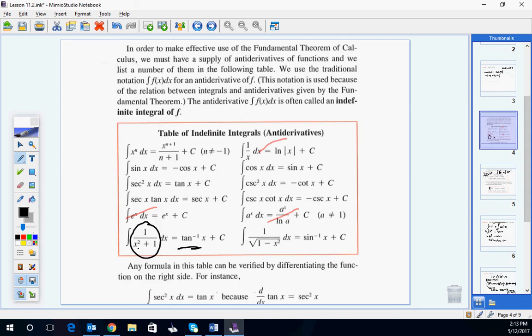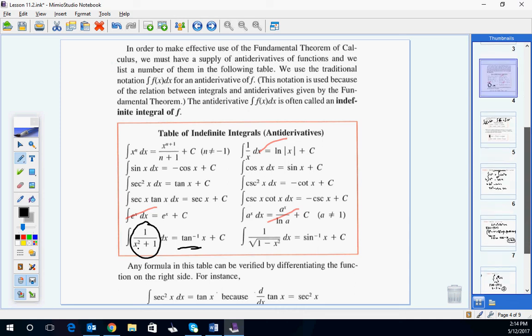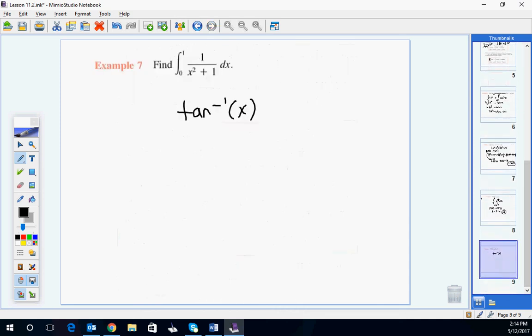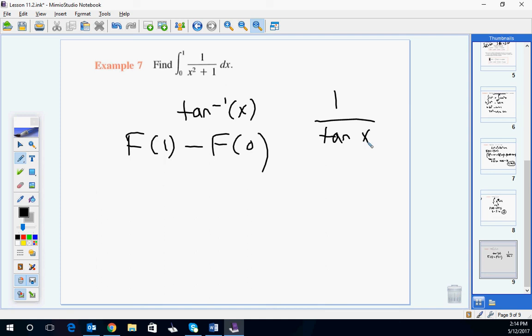So right here, 1 over x squared plus 1 is tan inverse. So we need to do, we all understand that tan inverse is the same thing as cotan or 1 over tan, right? Okay.